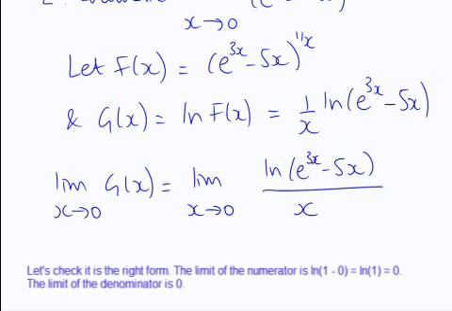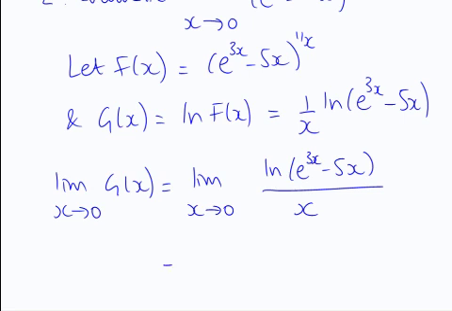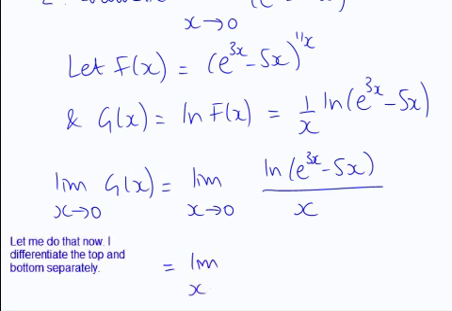And let's check it's in the right form. In the numerator, I have ln of 1 minus 0, ln of 1, which is 0, and in the denominator I've got 0. So at the moment this is 0 over 0, and therefore I can apply L'Hopital's rule. Let me do that now, and I'm going to differentiate top and bottom separately.